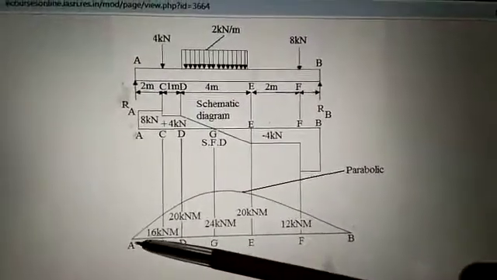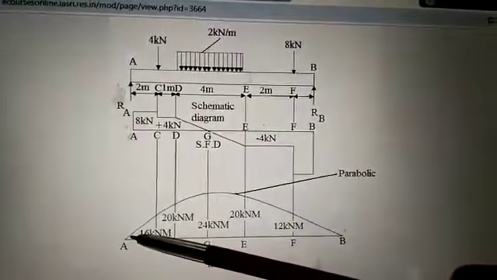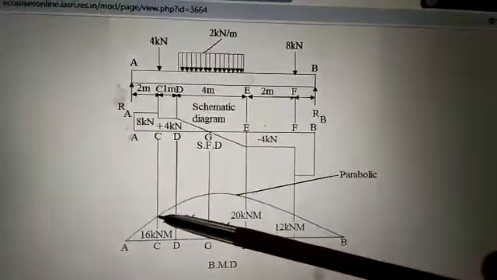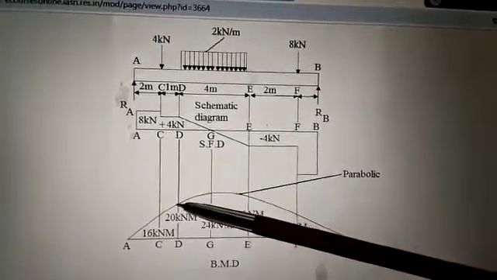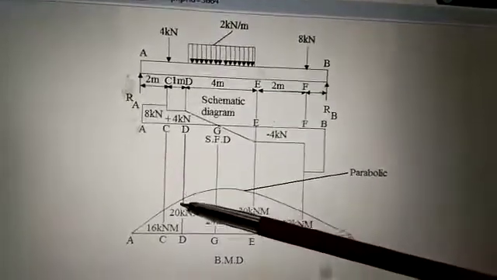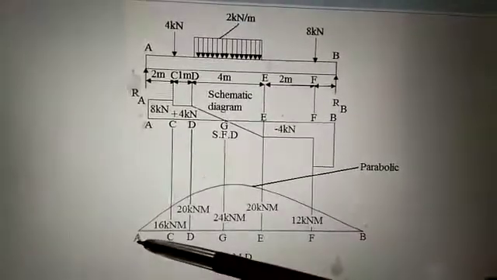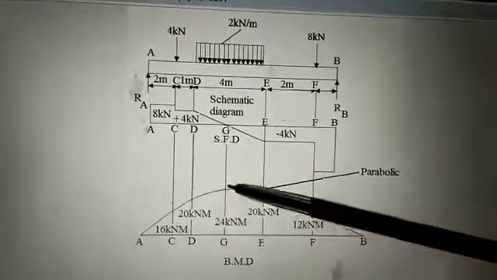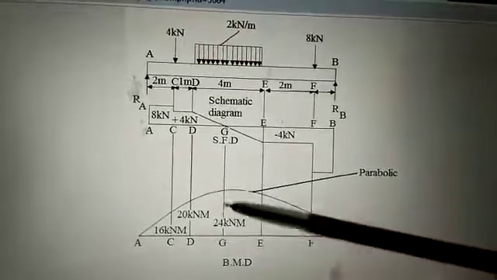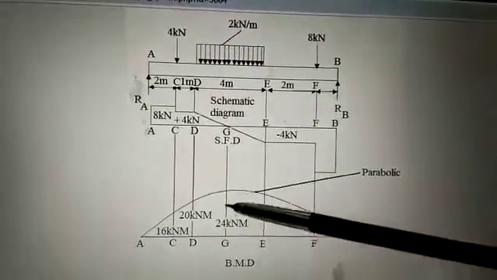Now here is the value of moment. At A we obtained the moment as 0. At C point we have obtained it as 16 kilonewton meter. At this point it is obtained as 20 kilonewton meter. At a distance of 5 meter from A, we obtained a moment of 24 kilonewton meter, which is the maximum moment we have obtained.